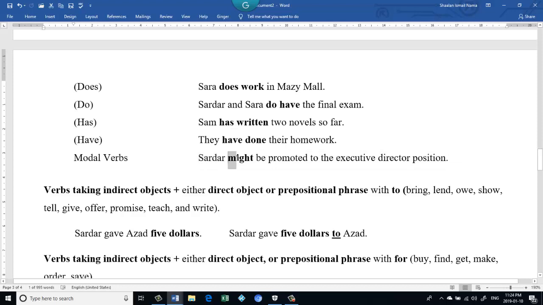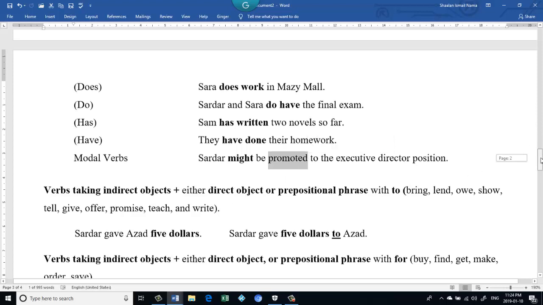Might is the modal, acting as a modal here, and also sometimes a modal is a part of the auxiliary. Then we have be as the main verb. Then we have promoted, which is the past participle of promote.